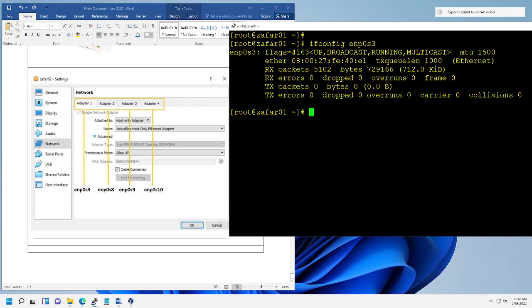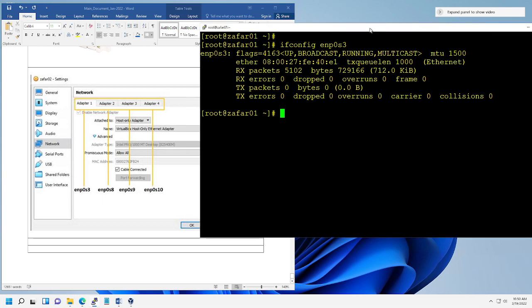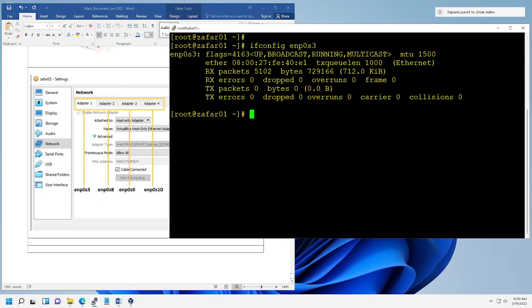So what I'm getting here is some information. The very first one, enp0s3, is the name of an adapter. Okay, so we are worried about this information here. The second thing we are worried about is, okay, the IP address is not showing here. So give me 1 second here.